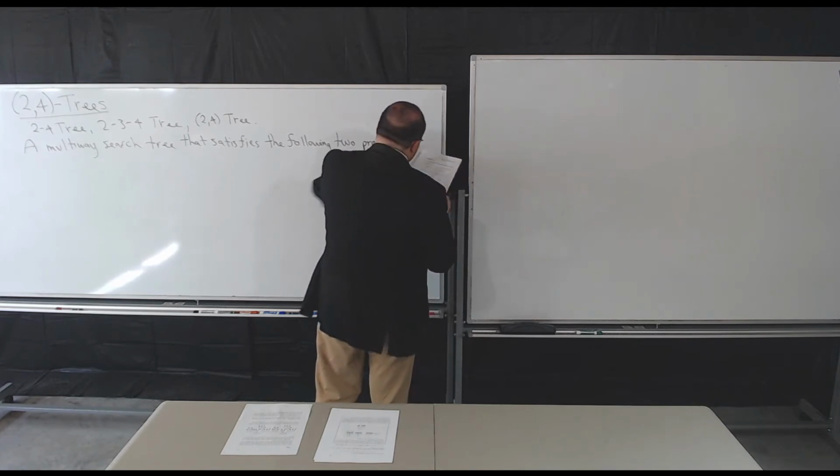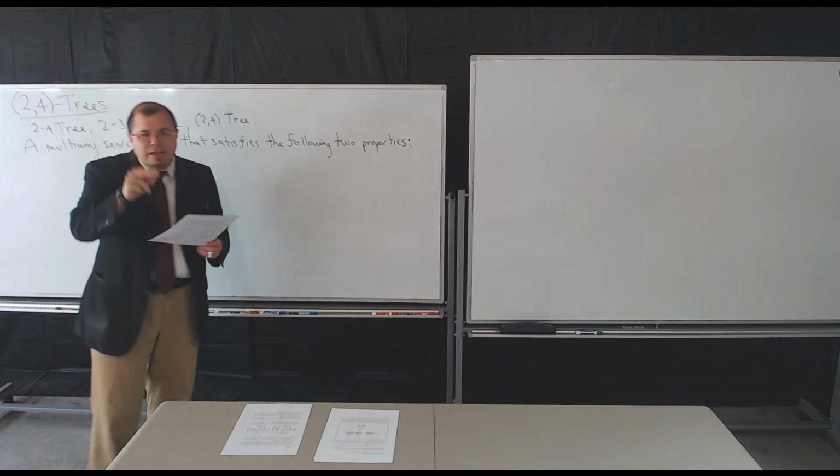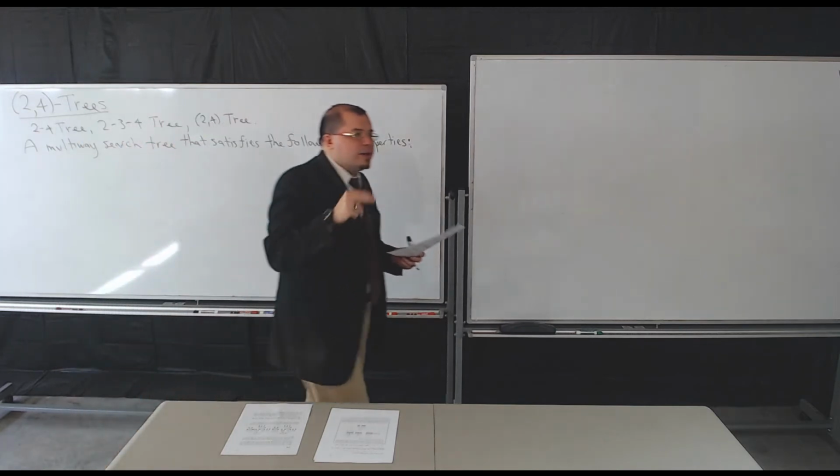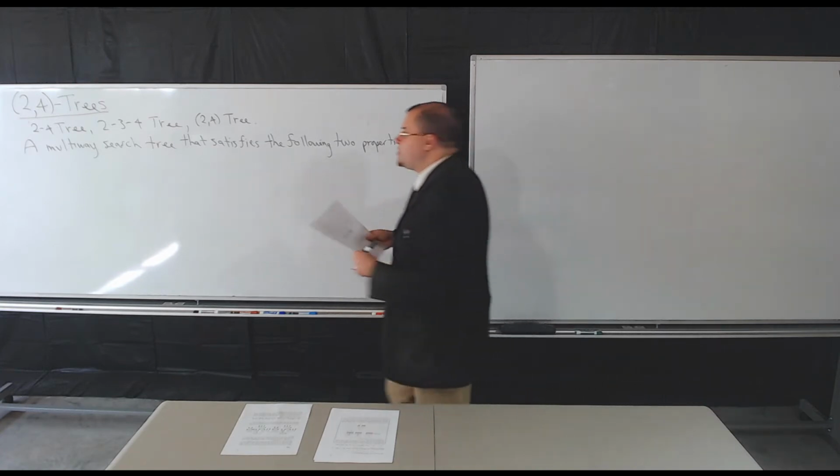Just like when we did our AVL trees, we had a very specific property we wanted to maintain at all times. We're going to do the same thing for our 2-4 trees. There's going to be two properties we want to make sure we maintain.